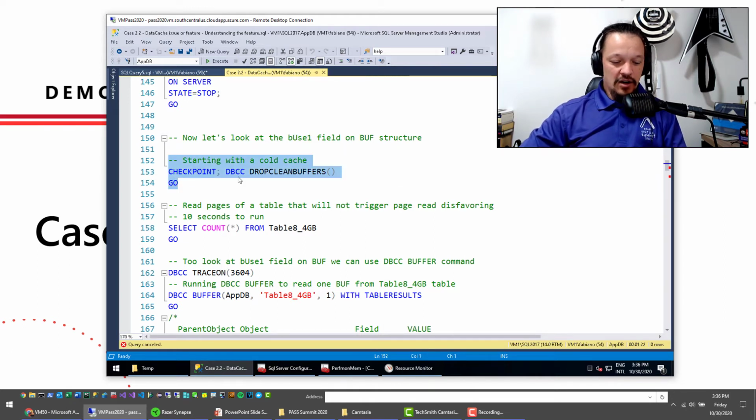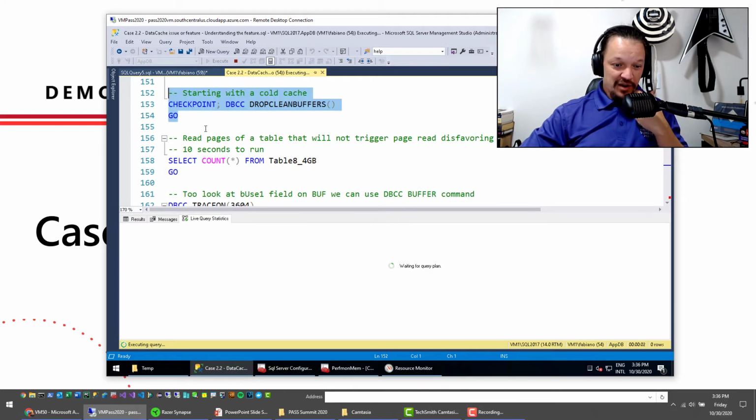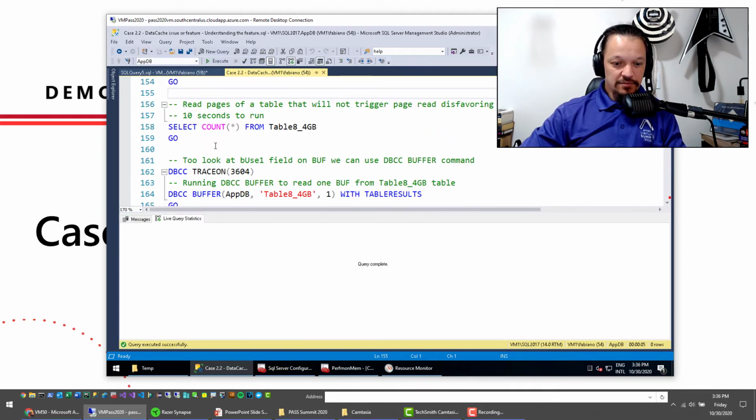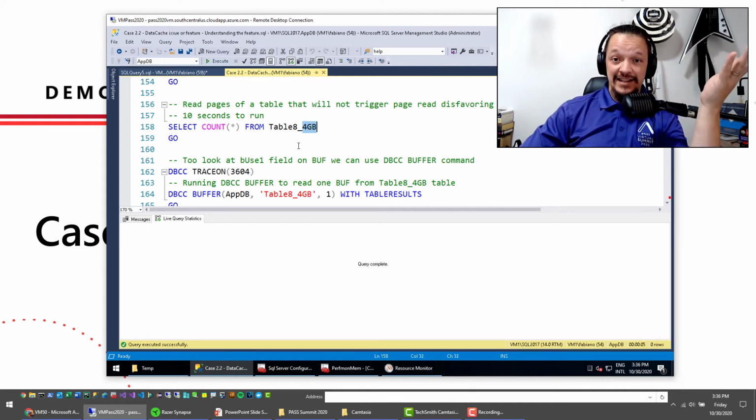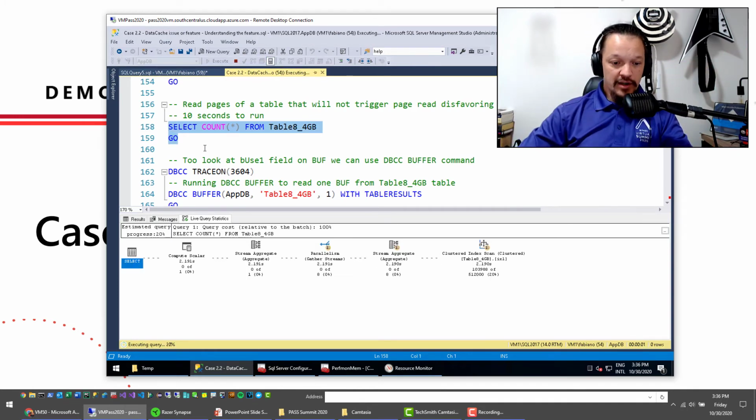All right, so let's start this again with the cold cache. So checkpoint and drop clean buffers to remove everything from cache. And then I will read a table that will not trigger page disfavoring. This has only 4 gig. I have 15 gig available. This is less than 10%. So let me run it. It should be really quick.